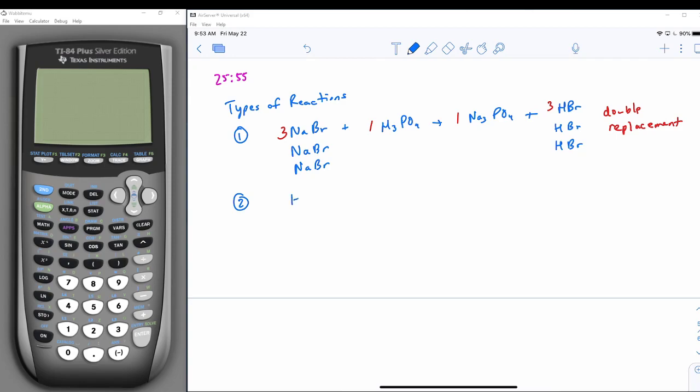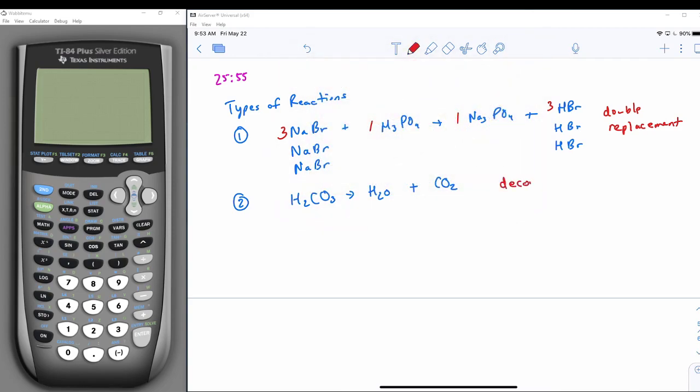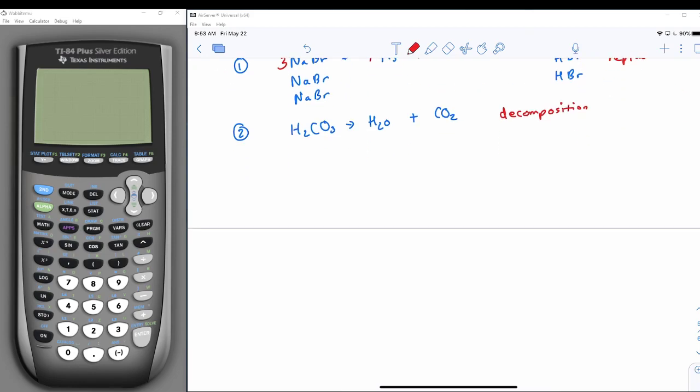2. H2CO3 going to H2O plus CO2. Now this is already balanced, and it is a decomposition reaction because you have one compound breaking down into smaller compounds here. 3. Mg plus Fe2O3 yields Fe plus MgO.